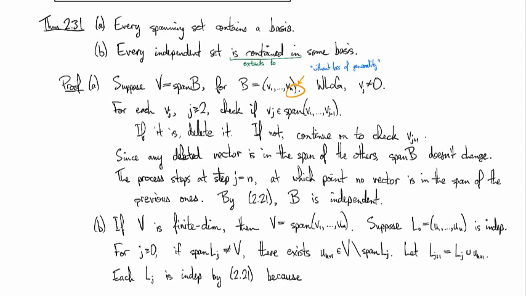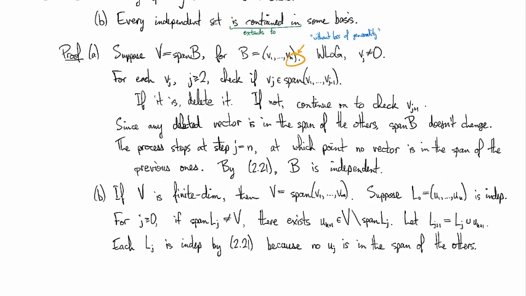And that's by the contrapositive of it, more or less, because no uj is in the span of the others. Right? So that's by construction.